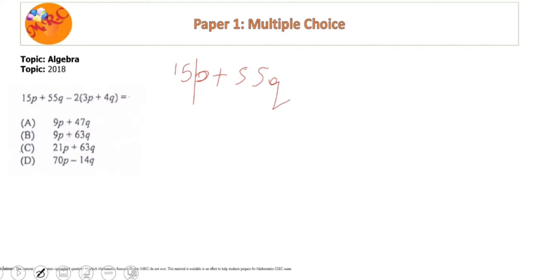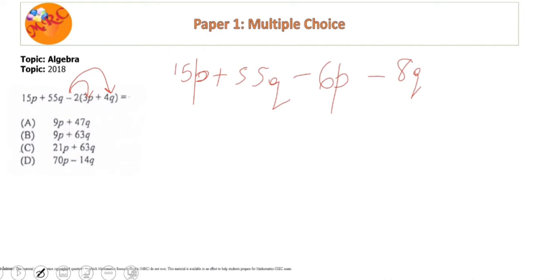Then we come to negative 2 times 3p, so the bracket here, we're going to distribute. Negative 2 times 3p gives us negative 6p. And then negative 2 times positive 4q gives us negative 8q, as a negative times a positive is negative.